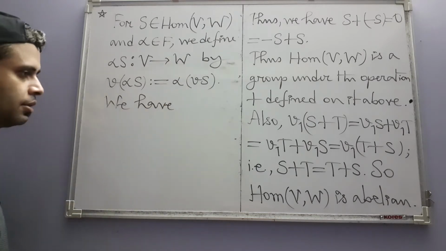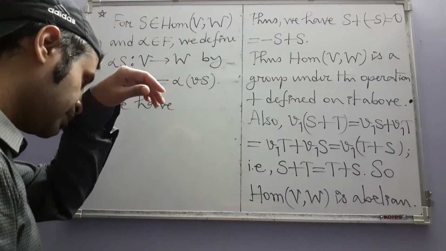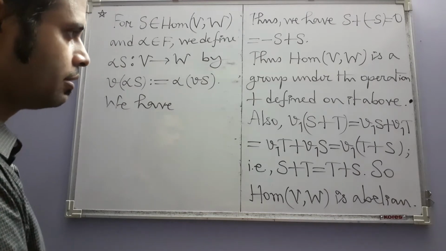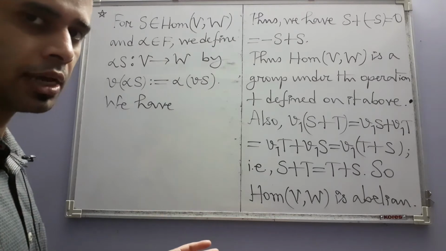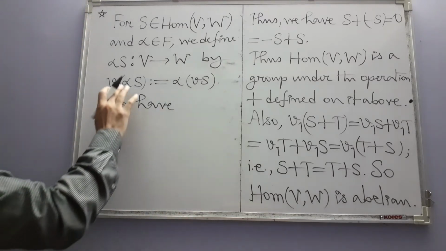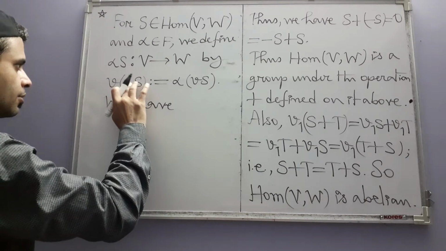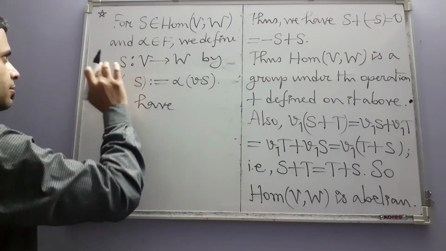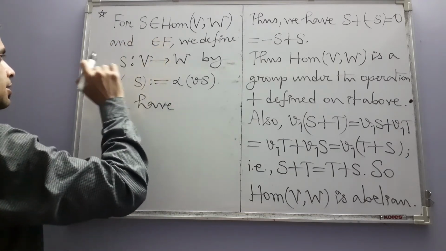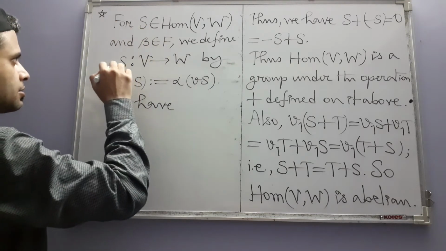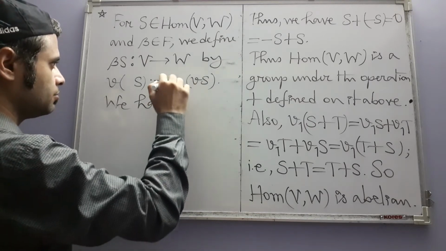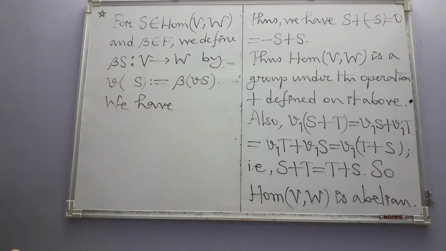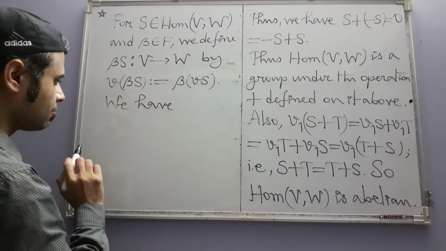But wait, before we do the calculation, because we said that we are going to use v1, v2 and alpha in this type of calculations, this alpha and that alpha will clash. So in order to distinguish between those two scalars, let us denote this by beta. Beta S.